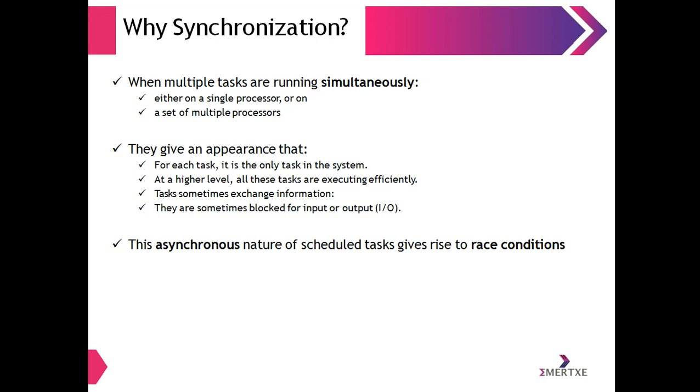This asynchronous nature of scheduled tasks gives rise to race conditions. To elaborate on task synchronization, suppose there is a specific application we need to execute, and we gave an example in the previous lecture about driving a car. During driving a car, we simultaneously handle different kinds of tasks such as gear control, brake control, volume system control, and window controlling system.